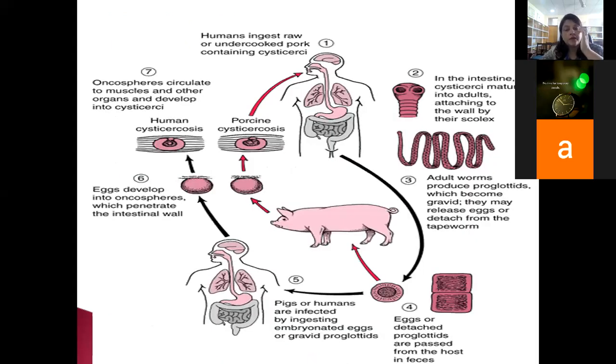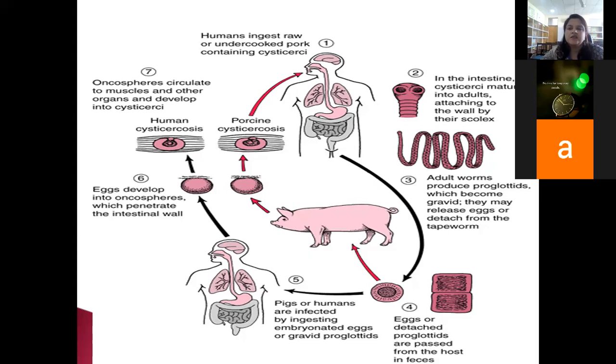In the main cycle, what happens is that the human ingests raw or undercooked pork meat. Alhamdulillah, we don't eat it, so Muslims usually don't have this Taenia solium infection. Otherwise, it is taken up by the human through undercooked pork containing cysticerci.